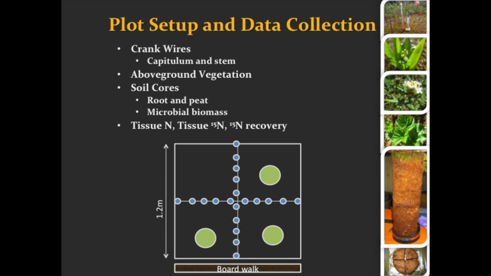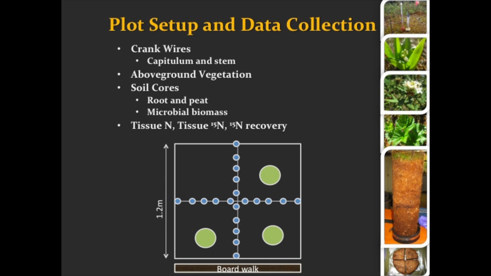So each of the plots is set up as a 1.2 by 1.2 meter plot and subdivided into 4 quarters for sampling over time. And along the division line, we have crank wires inserted to measure Sphagnum moss production growth. And then from one of the subplots every year in October, at the end of the growing season, we collected all the aboveground vascular plants and the litter.